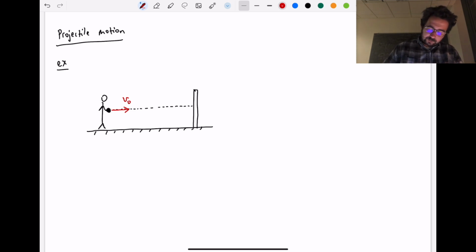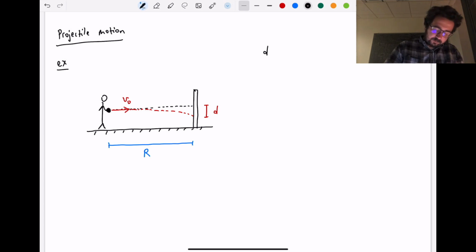As it turns out, this arrow lands at a point that is below the aimed location, and we are at a distance r, let's say, away from the target.